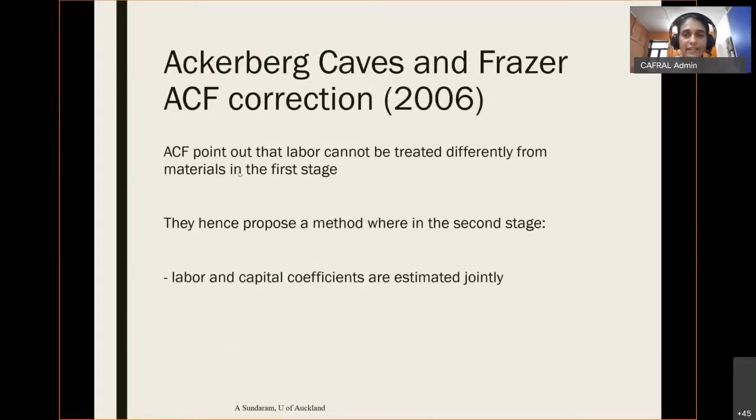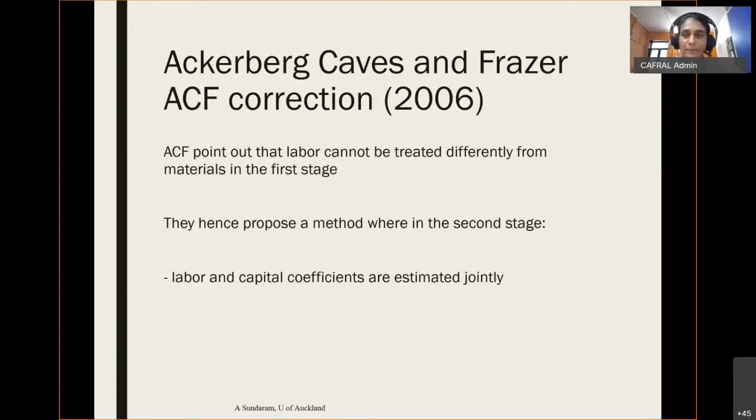And then finally, I want you to think about the ACF correction. You will often hear about this in productivity estimation. It's called the Ackerberg, Caves, and Frazer correction, ACF. The point here is that ACF argue that you cannot treat labor differently from materials. So if you're running the Levinsohn-Petrin method, you're using materials as the input that proxies for productivity. They say that you cannot really treat labor differently from materials.